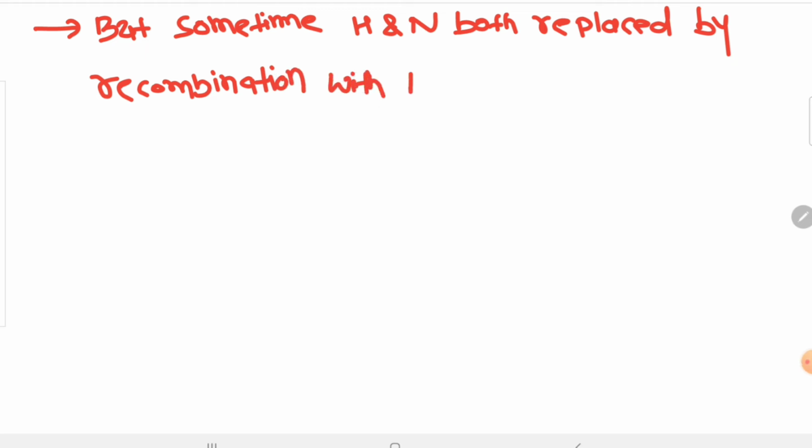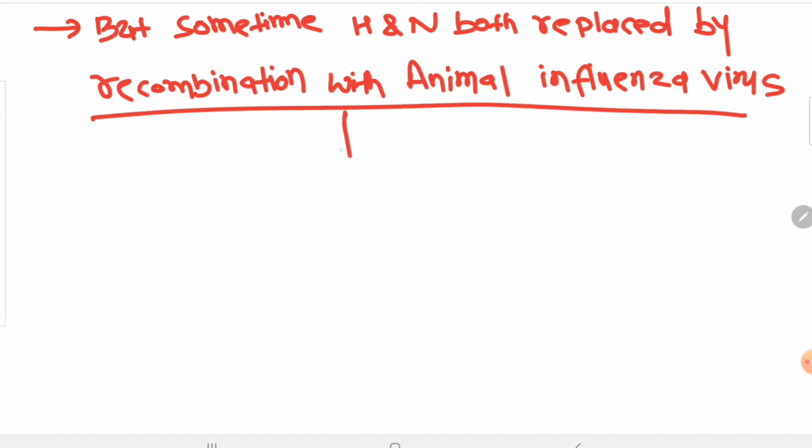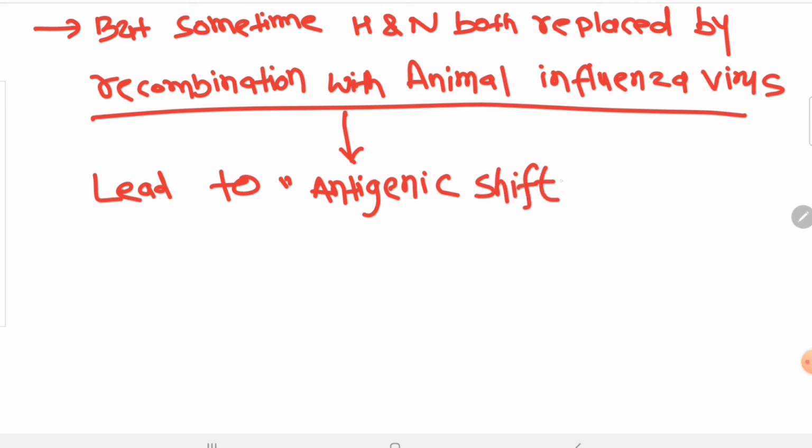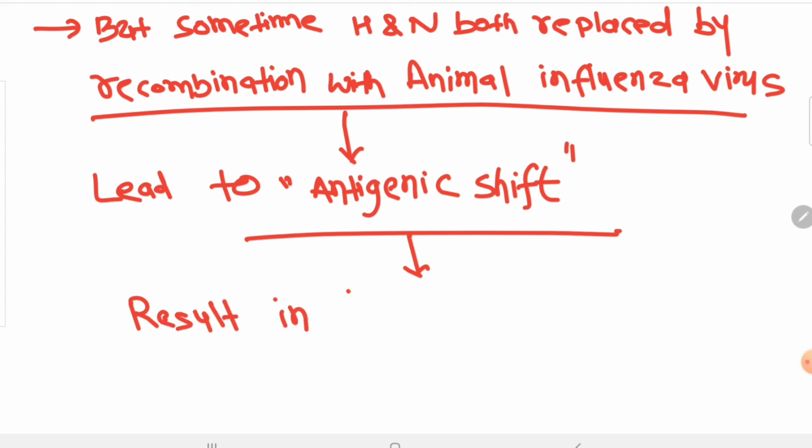So this influenza virus will recombine with the animal influenza virus, and this condition is very disastrous. If the total structure of the influenza virus is changed by recombination with animal influenza virus, then it is known by the name antigenic shift, and this antigenic shift will lead to development of pandemic.